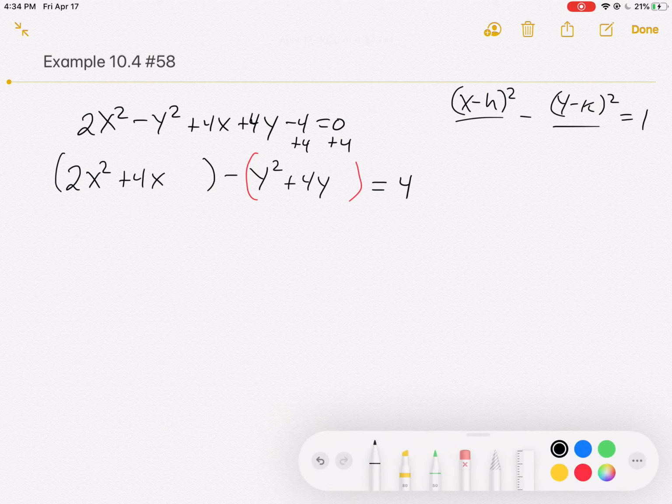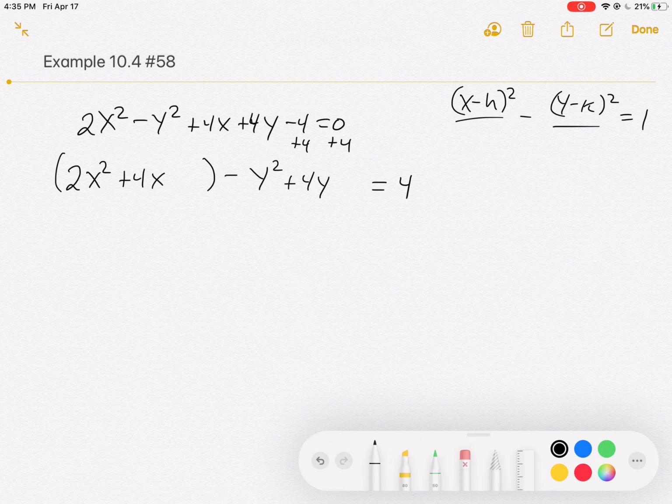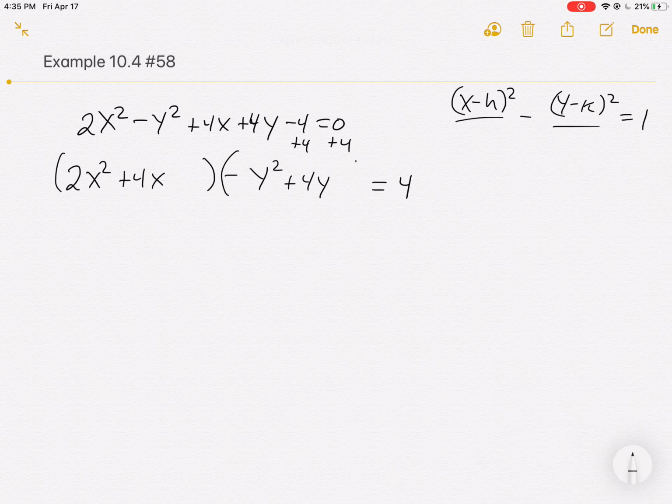That's why some books will teach factor by grouping, for this very principle. What should we do when we have a negative sign? We should group it so that the negative sign is incorporated with that other variable. If you look back at your factor by grouping in beginning algebra and intermediate algebra, or some of the completing the squares we've done even in this class, we're really careful when there's a negative.